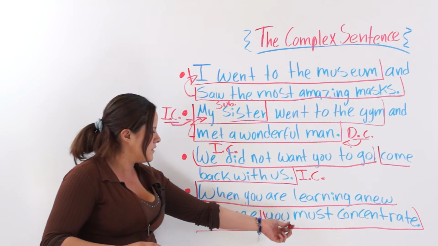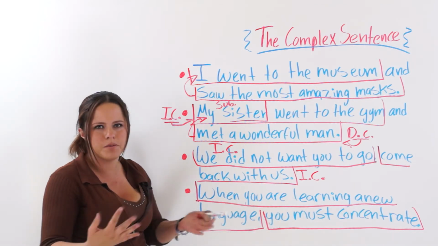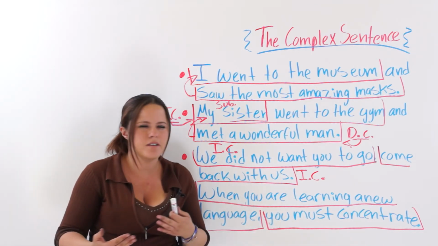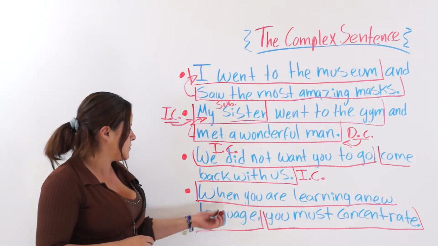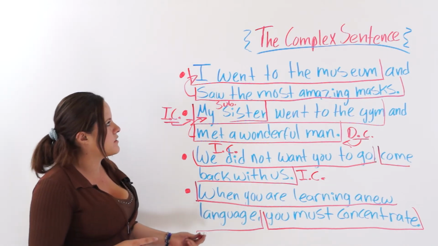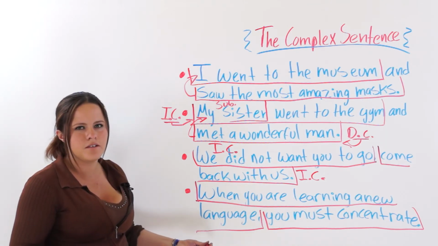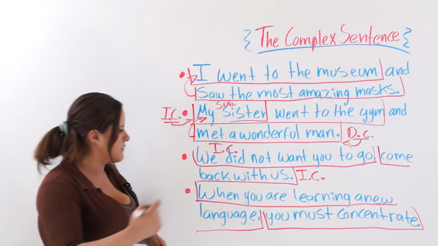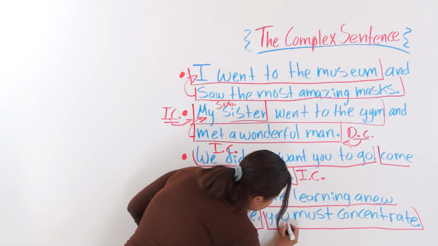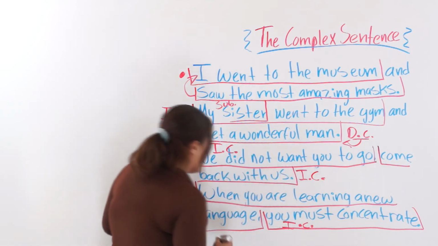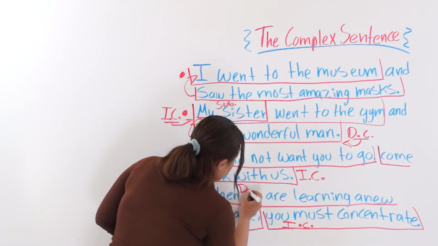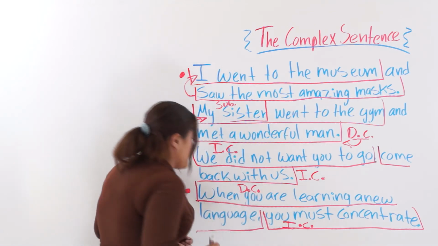This is an independent clause. You must concentrate, period, would make perfect sense in a sentence. You must concentrate when you are learning a new language. So is this a complex sentence? Yes, it is, because we have our independent clause here, and we have our dependent clause up here.